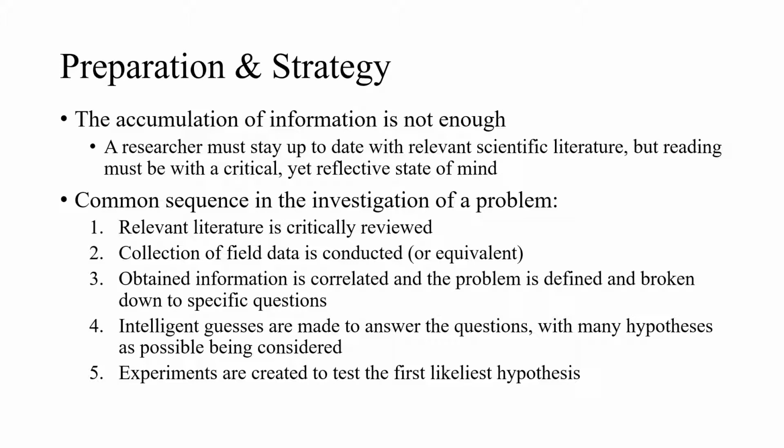First, relevant literature is critically reviewed, followed by the collection of field data, or something similar, as Beveridge was primarily a biological scientist. From this collected data, the information is correlated and a problem is derived, which is later broken down into a series of smaller questions. Intelligent guesses or hypotheses are made to answer these questions.